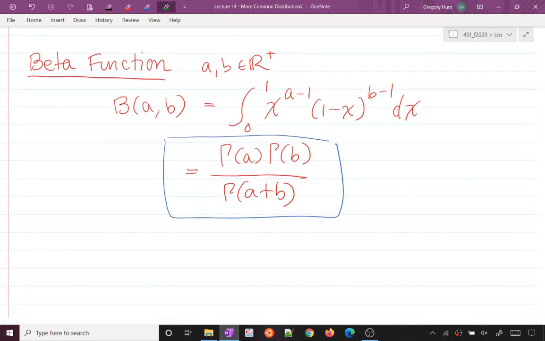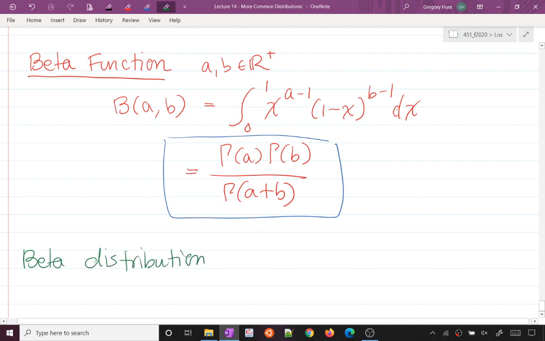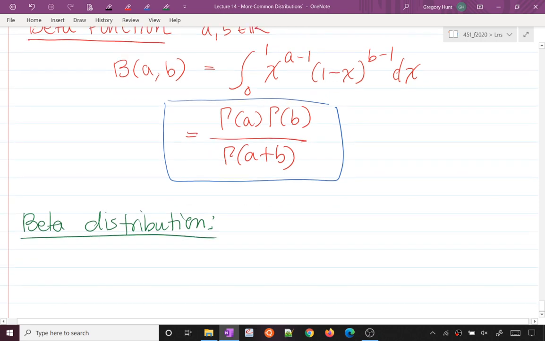The beta distribution is basically going to look very similar. It is a continuous random variable. So we say X is distributed as beta, with two parameters, a and b.